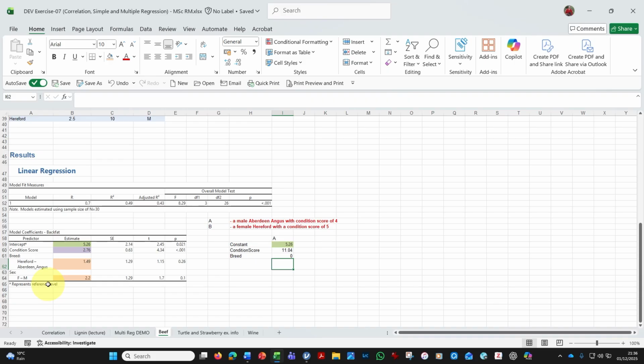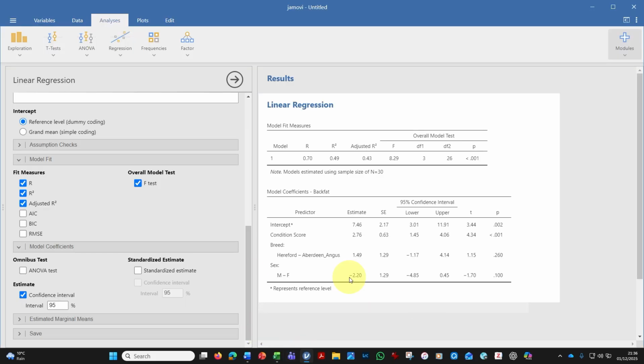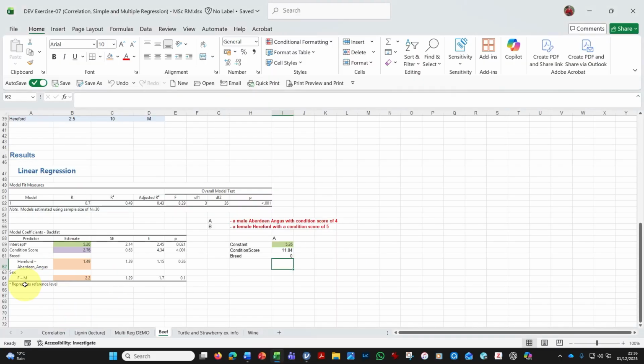So that's the reference level. Here, I changed the male and the female around. So notice it was minus 2.2. But here, I've got it the other way around. I've got the male is still the reference level. So I'm going to just go with that. So here, for sex, the male is the reference. So that is also a 0 here.